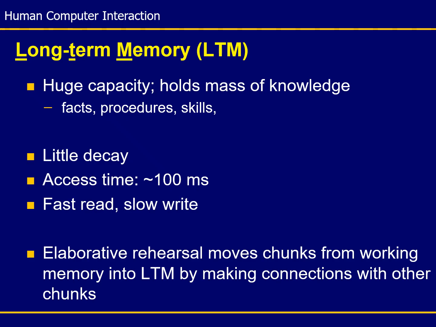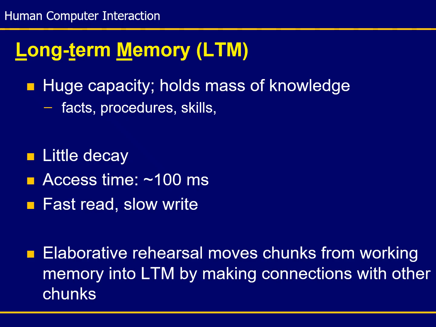What you store in your memory are facts and procedures that you learn. What you also store in your memory are skills, and anything you learn as a skill, including playing sports, driving a car, and so on, or designing a piece of software, or coding, which is also partly a skill, you will store in your long-term memory. Okay? Now, a property of long-term memory is that it has little decay, which means the information stays there for extended periods of time.